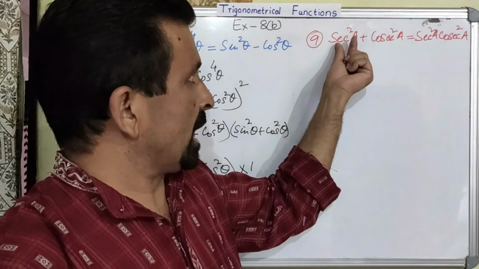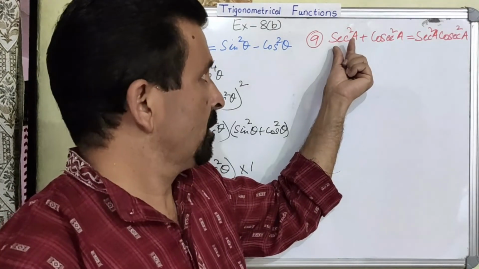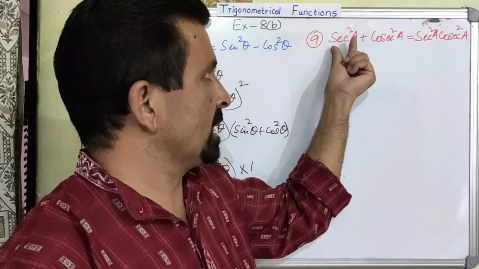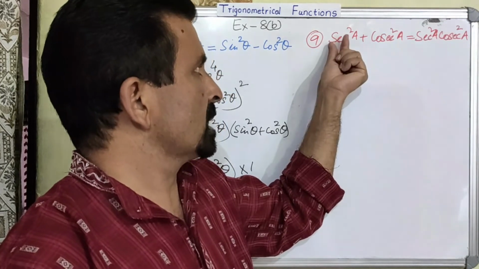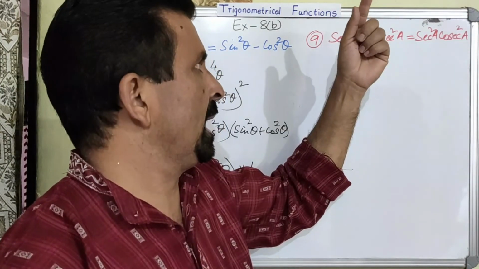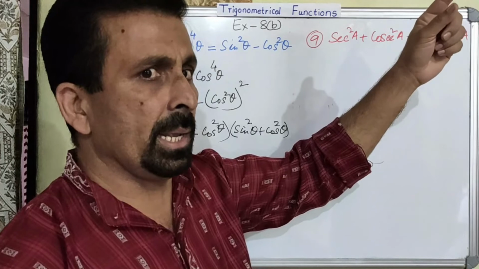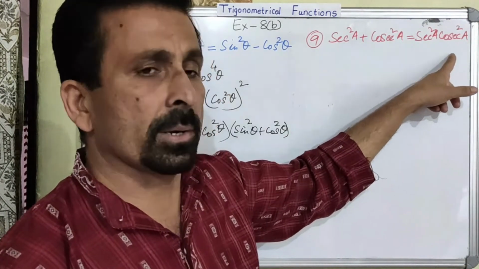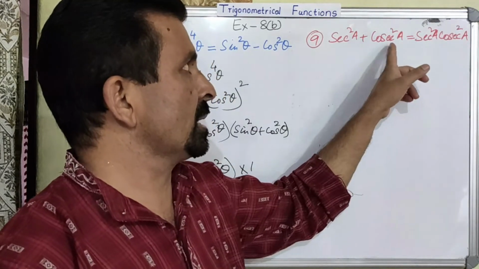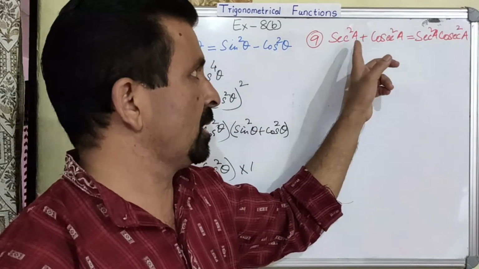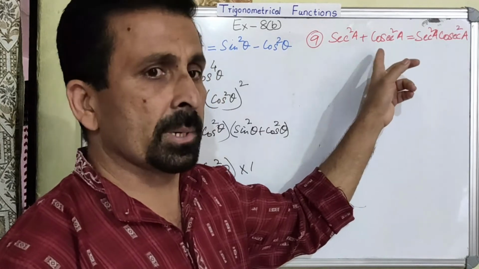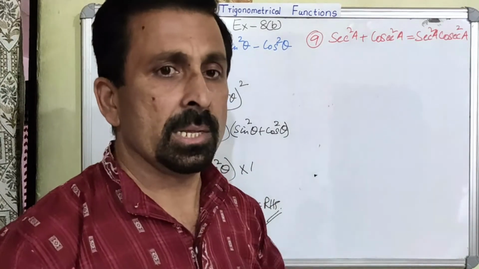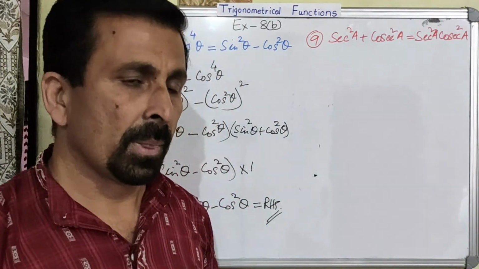Because if I try to write this in terms of its identity, then this will give me 1 plus tan square A, and this will give me 1 plus cot square A. But I'm not having those tan or cot on right hand side. So therefore, though we have the trigonometrical identity for this, using it is not giving us the result, right?